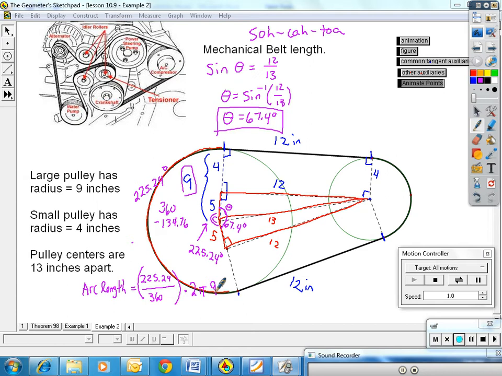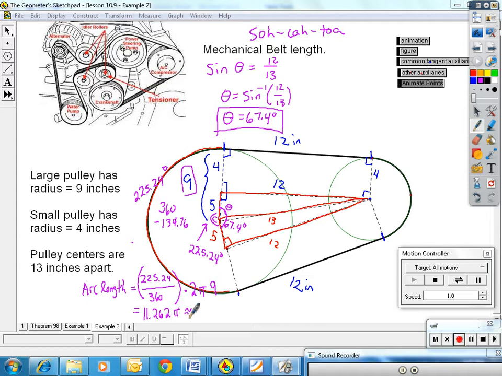Okay, so let's take 225.24 divided by 360. Multiply that by 2 and multiply that by 9 again. And we get 11.262 pi.